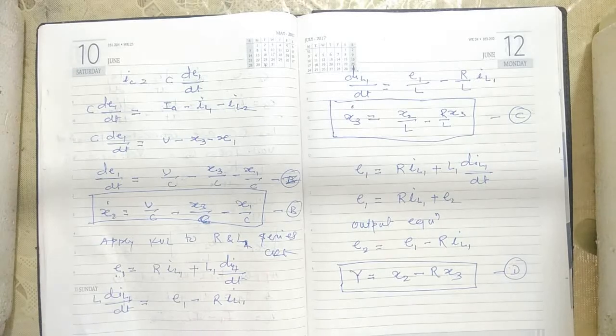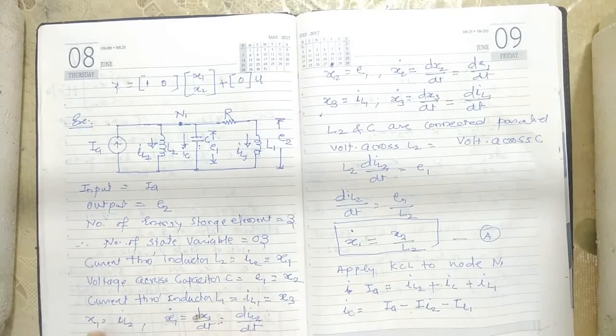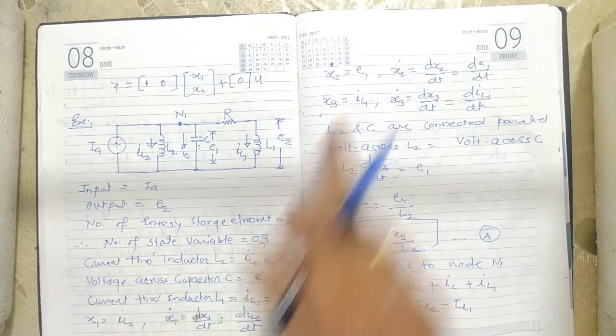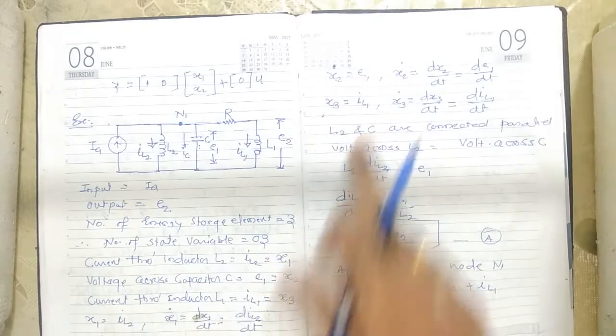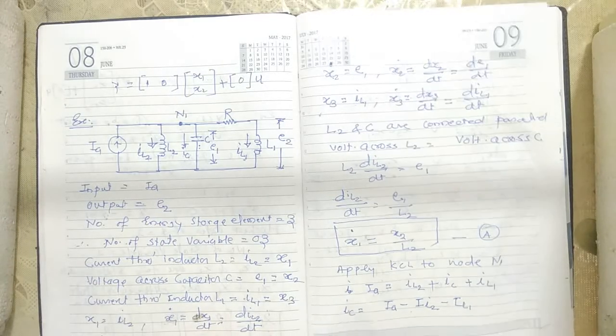So we have converted all the equations in terms of our selected state variables: x1 equals IL2, x2 equals E1, and x3 equals IL1.